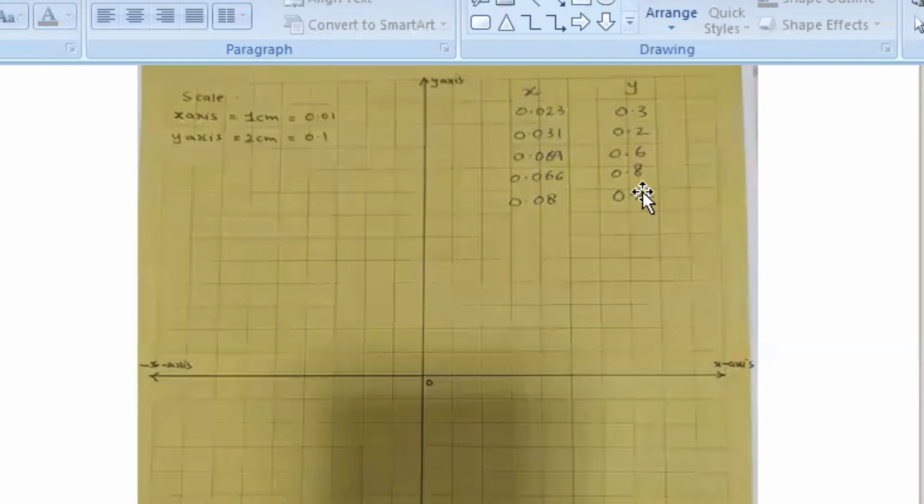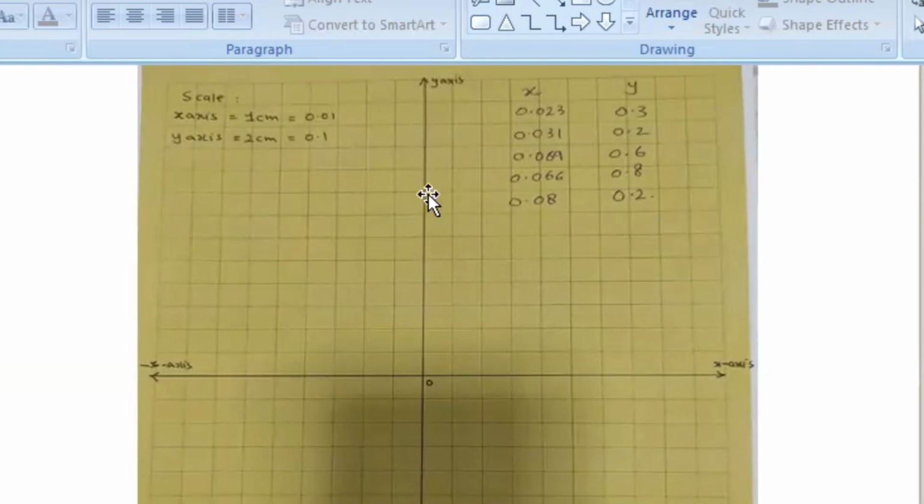So we cannot take 2 centimeters here. They mentioned 2 centimeters, but it's not covering. Maybe you will take another graph sheet so that it is enough for the same table. If it will not work, you can change to 1 centimeter for every unit. You can take 0.1 unit, 0.2, 0.3, 0.4, 0.5, 0.6, 0.7, and then 0.8.